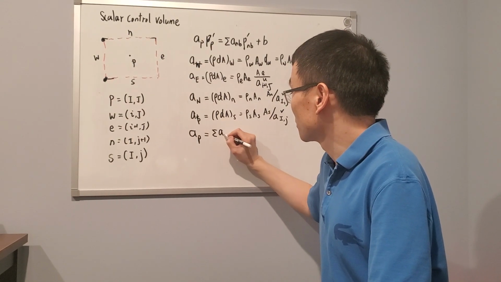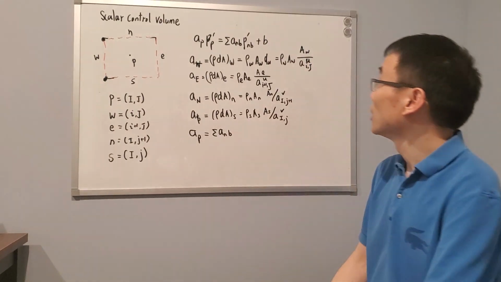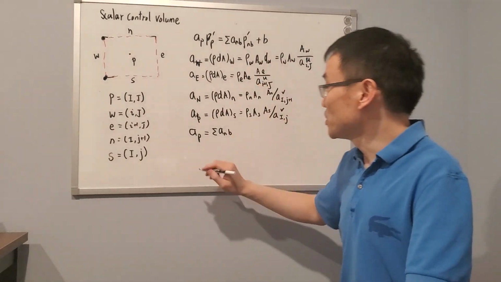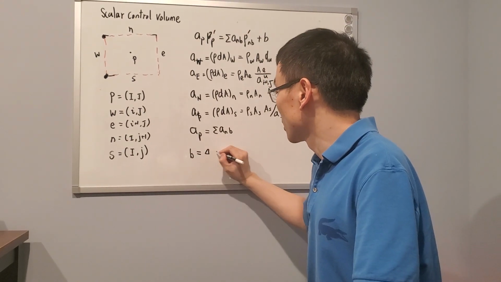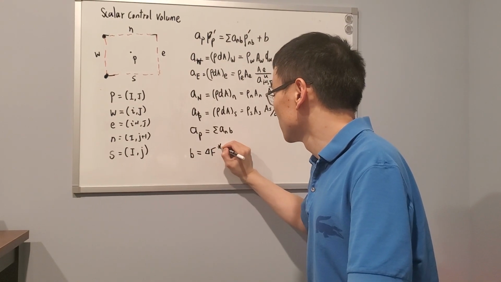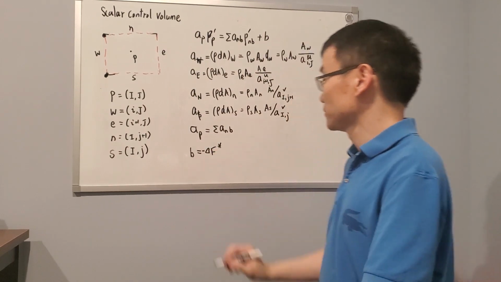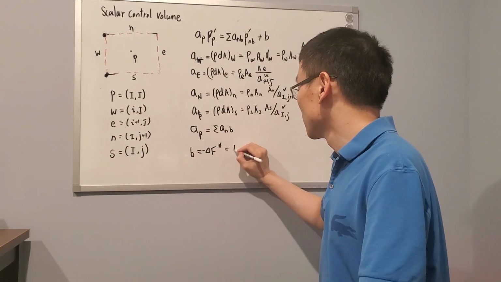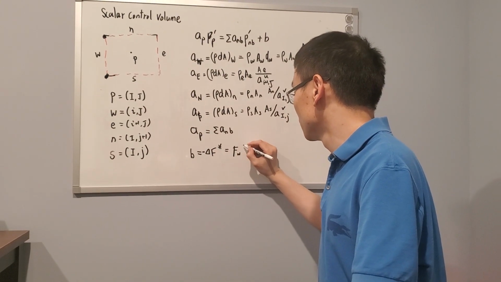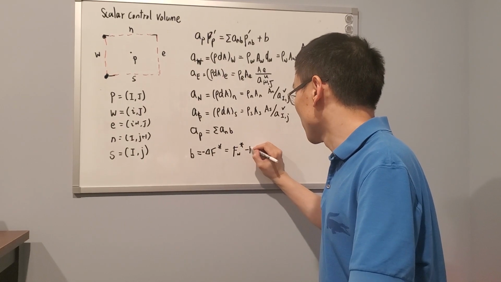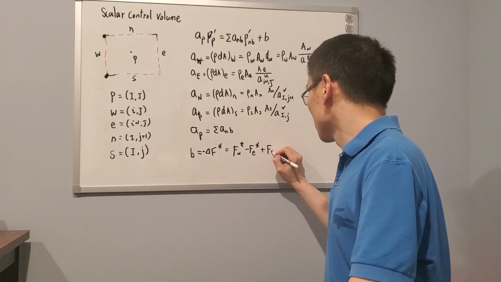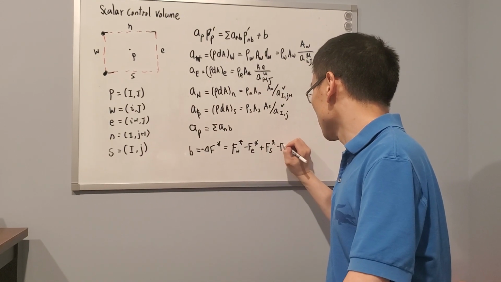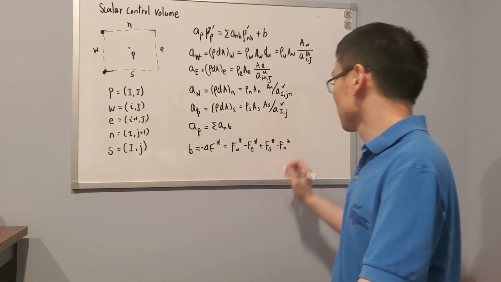Okay, so for the pressure correction equation, once we have all those neighboring coefficients, the AP coefficient is simply the summation of A neighbors. And now the source term B is defined as delta F star, but with a negative sign. Okay? That is FW star minus FE star plus Fs star minus Fn star.